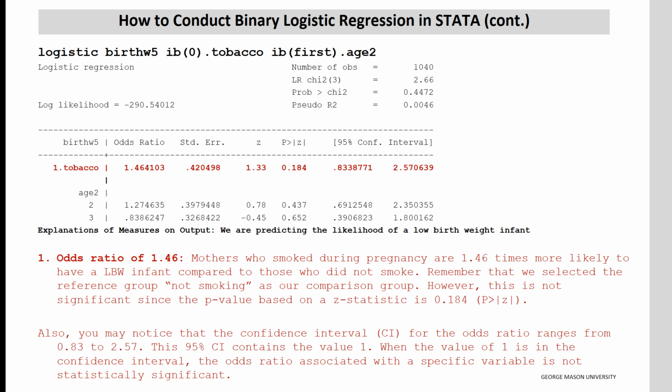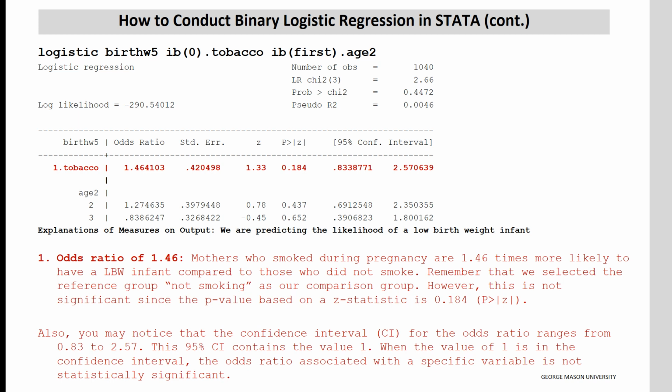And the reason we did that is because the regression coefficients in logistic regression are log odds, and those are hard to interpret. Therefore, when we convert those to odds ratios, just like we covered in the previous set of slides, it makes it easier for us to interpret the findings.